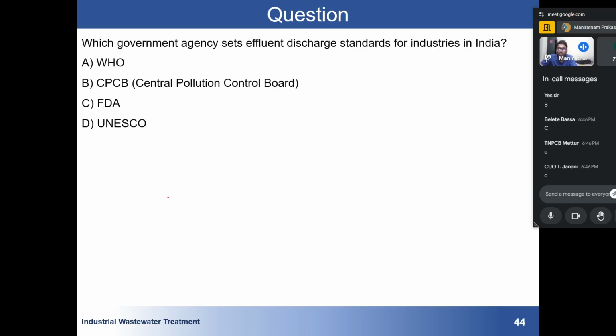Which government agency sets the effluent discharge standard for industry in India? Pollution Control Board. Okay, so this thing we have discussed also. And can anyone say which is the standard for drinking water?